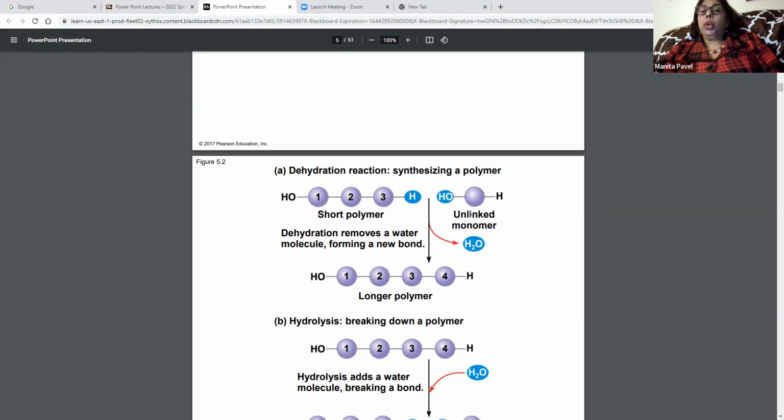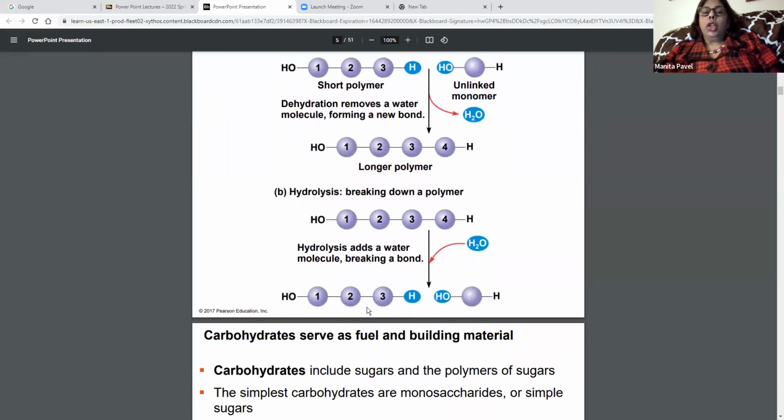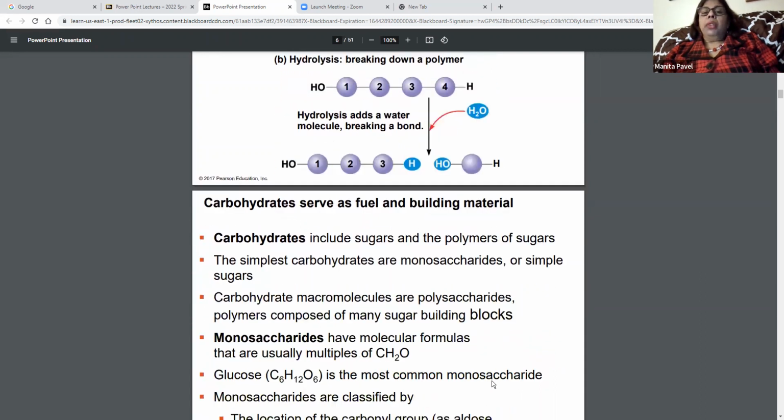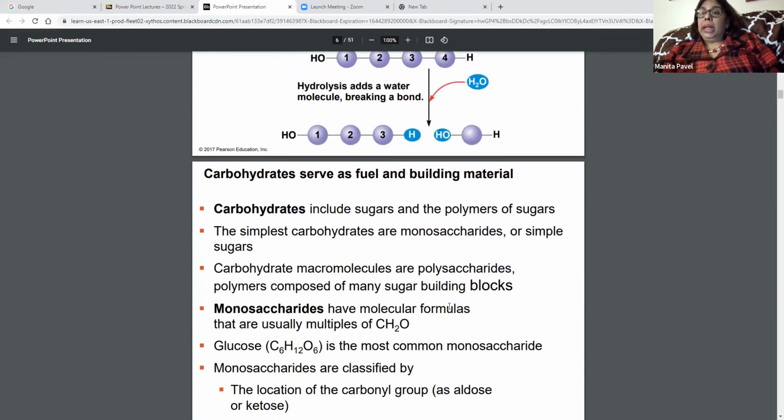So you're taking monomers, you're joining them together to form the large polymer. Opposite is hydrolysis. In hydrolysis, you break down this polymer by adding water to give you your monomers, smaller molecules. You go from large to small. You're going from small, you're joining with the removal of water. So carbohydrates serve as fuel and building material.